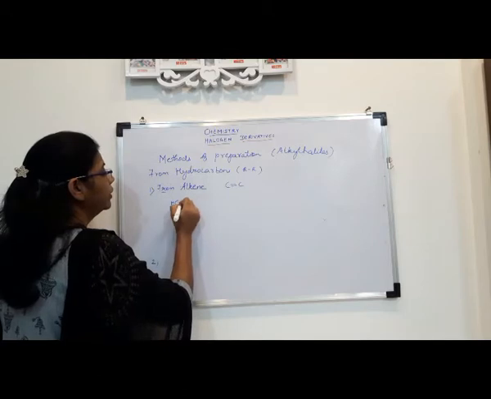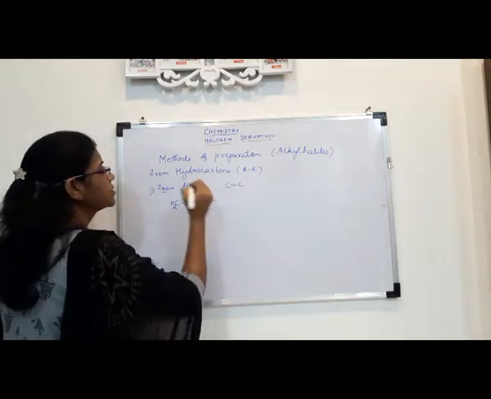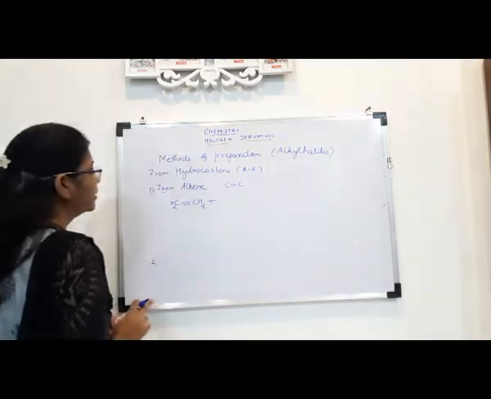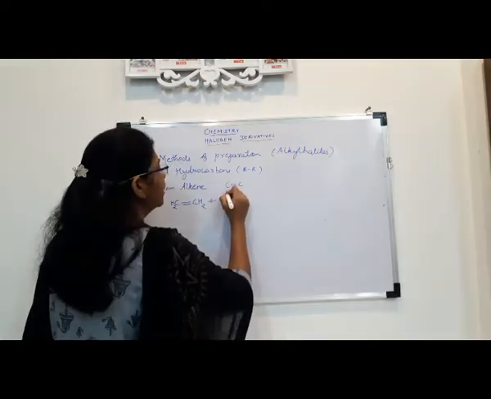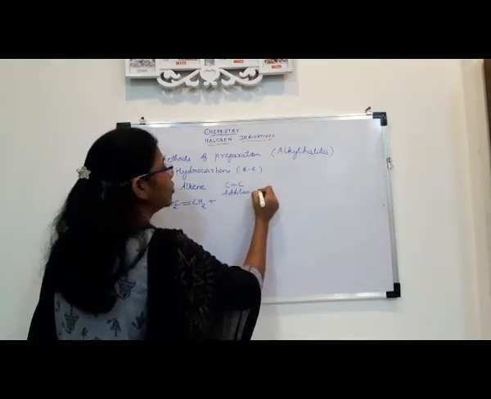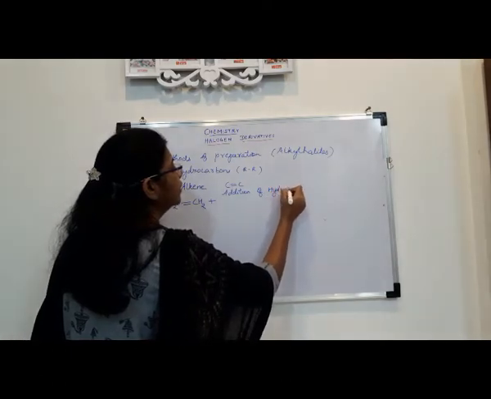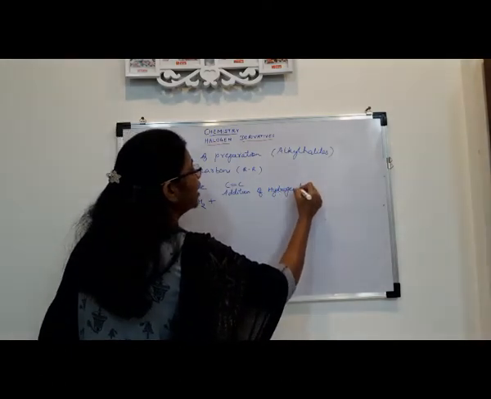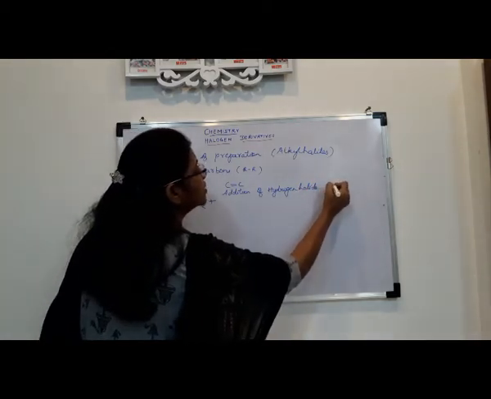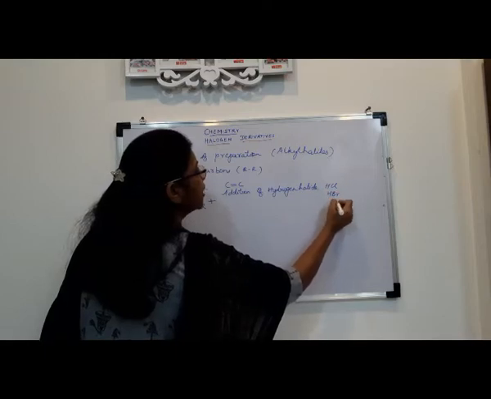CH2 double bond CH2 plus. How are alkyl halides obtained from alkenes? That is by addition of hydrogen halide. Now these hydrogen halides may be HCl, they may be HBr, they may be HI.